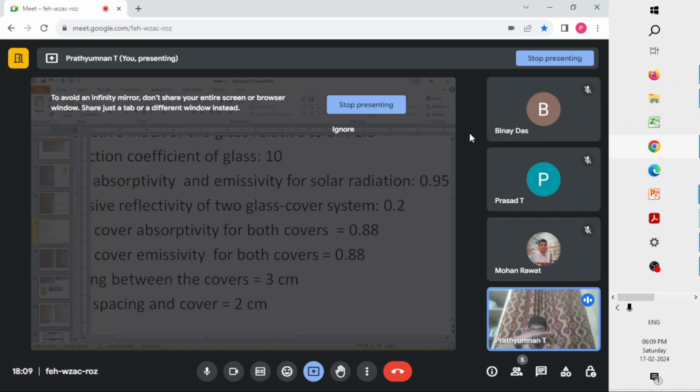This will be a flat plate collector, this will be a glass cover, and in a one glass cover system, after this glass cover you will have your absorber plate. But in a 2 cover system there will be one more glass cover, and after that glass cover you will have your absorber plate. So there will be 2 glass covers.